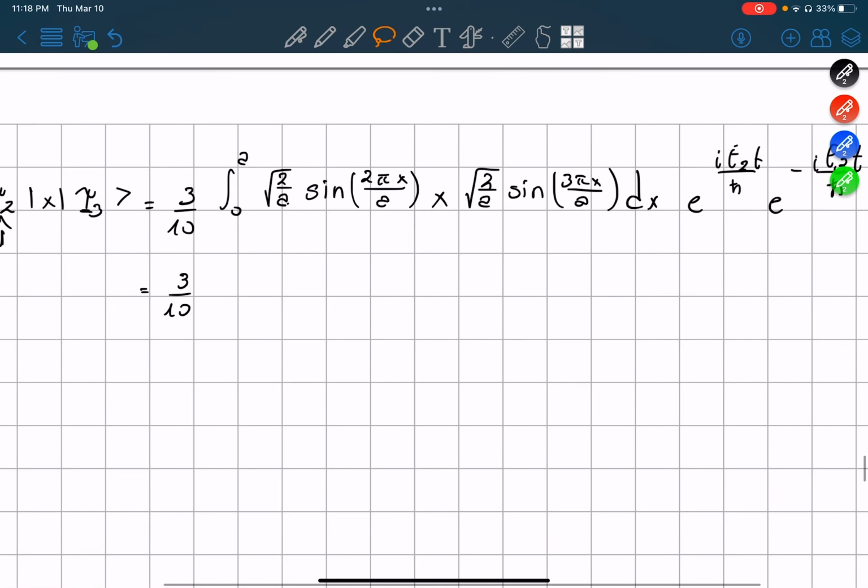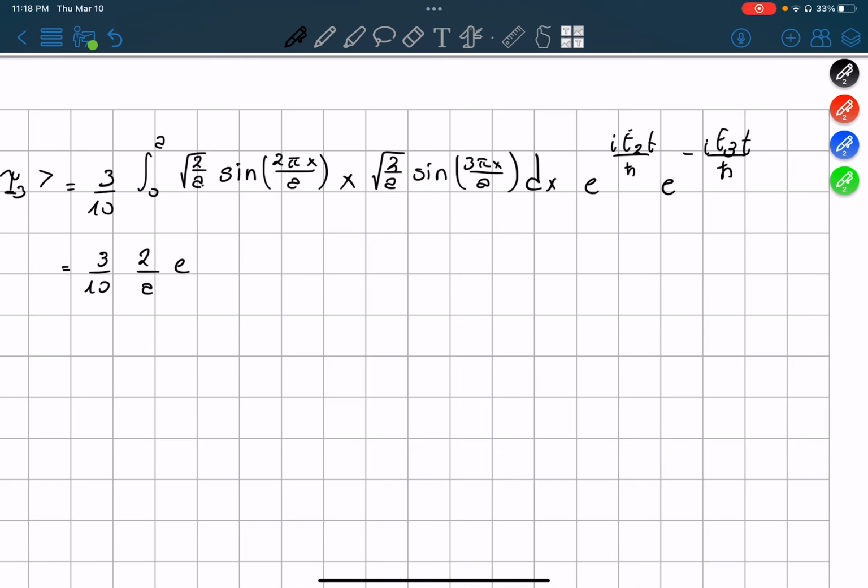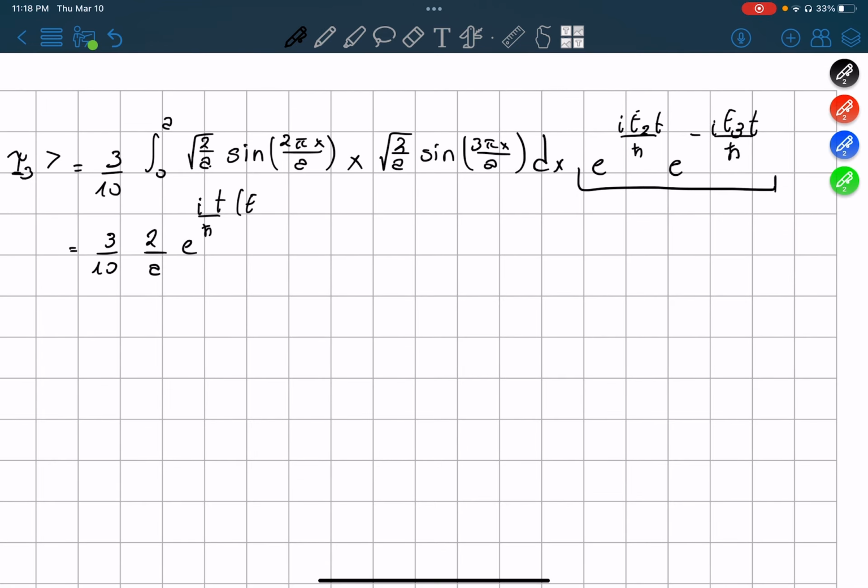And then take out the constant, I'm going to have 2 over a, and then I can rewrite this as e to the power of i t over h bar times e2 minus e3. And then again the integral from 0 to a of sine of 2 pi x over a, x, and sine of 3 pi x over a dx.